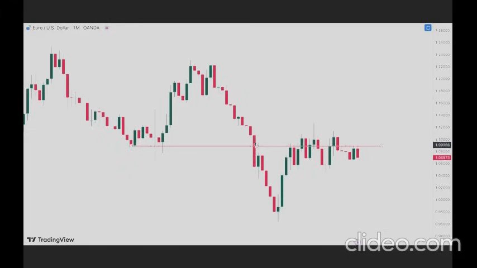That's how we see this was very strong, so it can't be broken by a single weak candle.